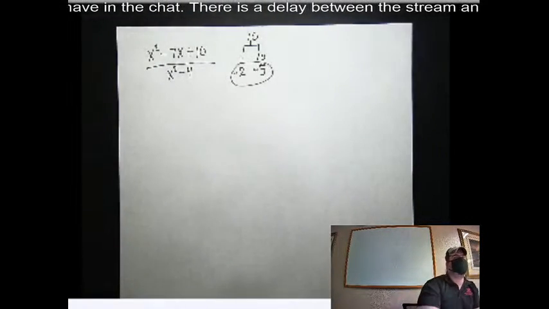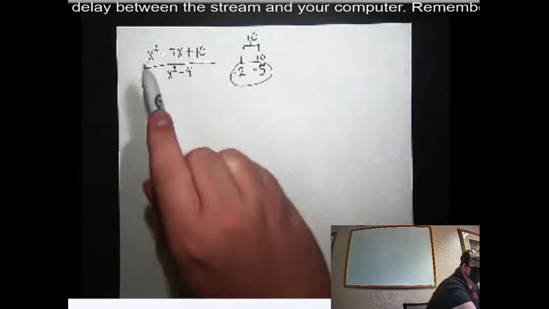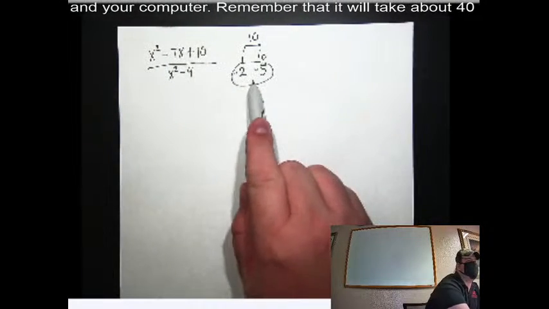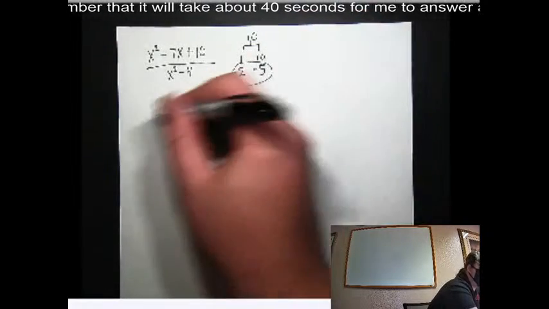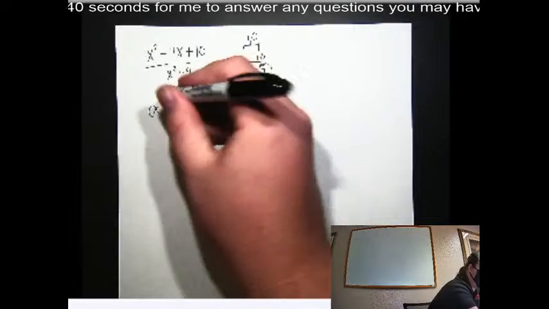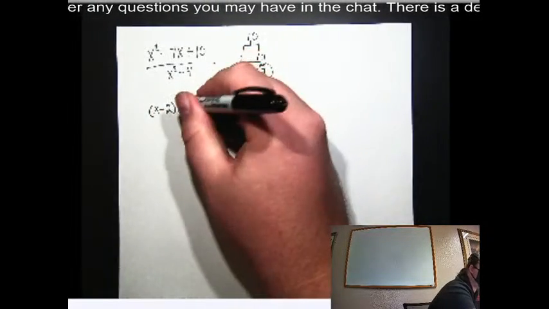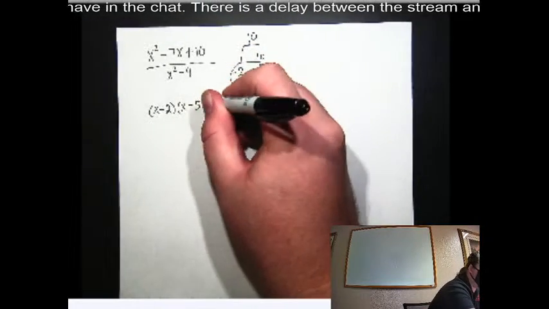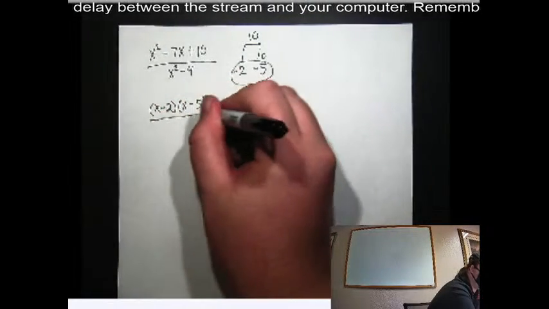That means that we don't need to go through the box method. Of course you could. You'd still get the same answer. But seeing that we have a positive 1 here for our leading coefficient means that we can just take these and use them to create our factors. So our 2 factors here would be x minus 2 and x minus 5. So there's the top part factored.